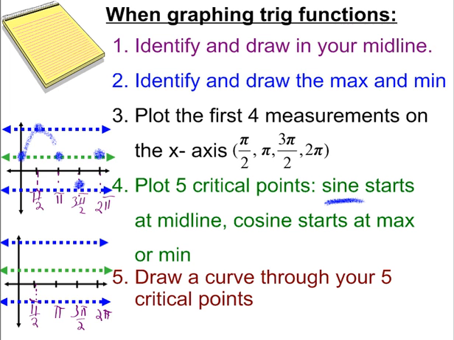Whereas cosine starts typically at the maximum, moves down to the midline, down to the minimum, back to the midline, and back to the maximum. The fifth step is just to draw a curve through your 5 critical points.